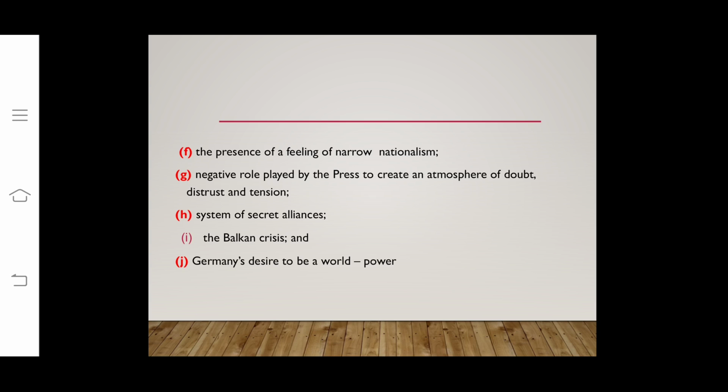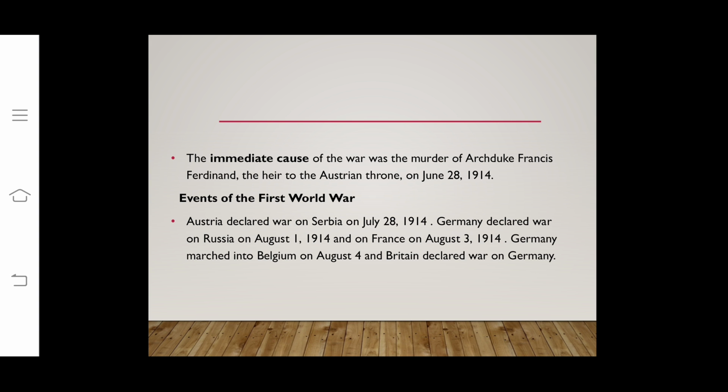Balkan crisis. In 1908, Austria annexed Bosnia and Herzegovina. These provinces were coveted by Serbia, which had the support of Russia to establish a united Slav state in the Balkans.